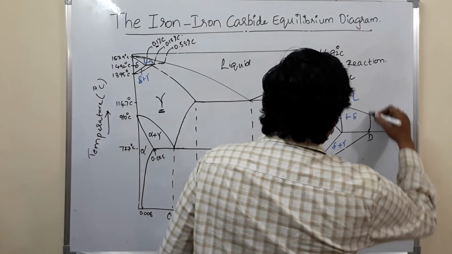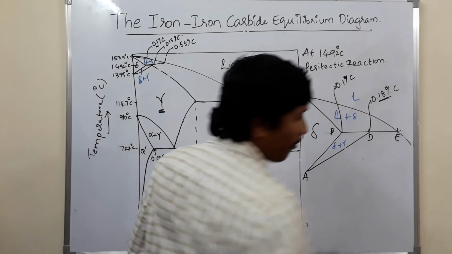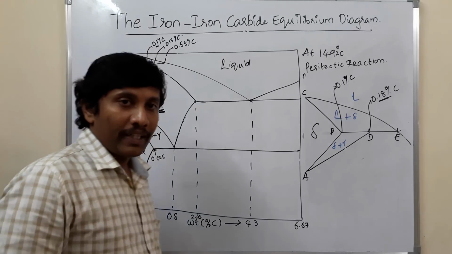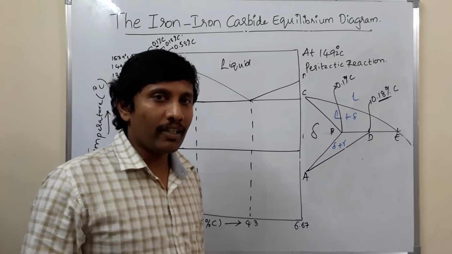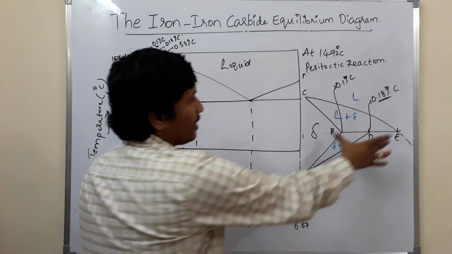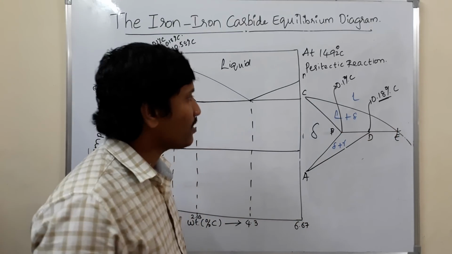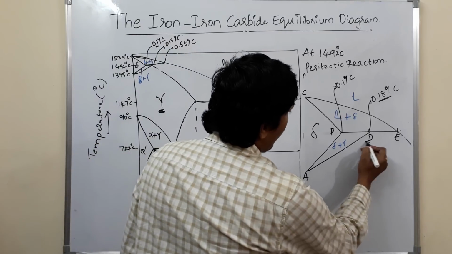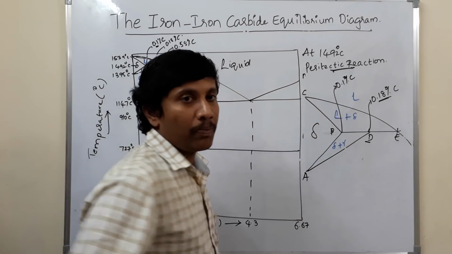This point corresponds to 0.18 percentage of carbon. In the iron carbon equilibrium diagram, every horizontal line indicates one invariant reaction. So this is one horizontal line. At this point D, the peritectic reaction takes place.